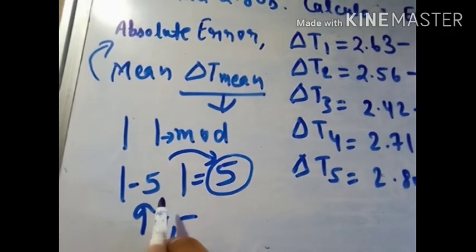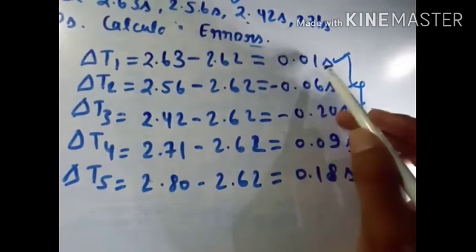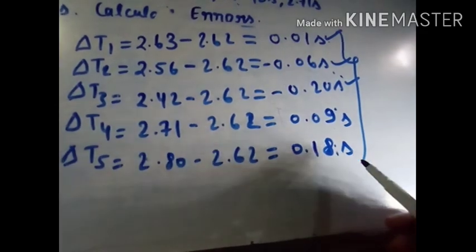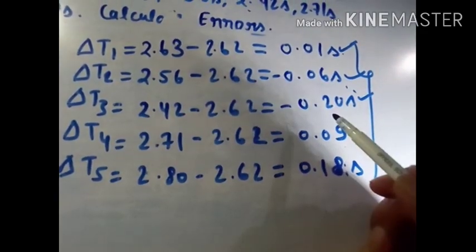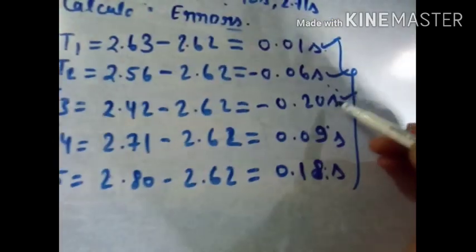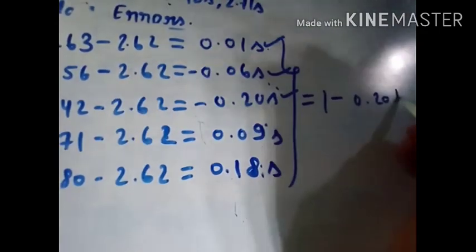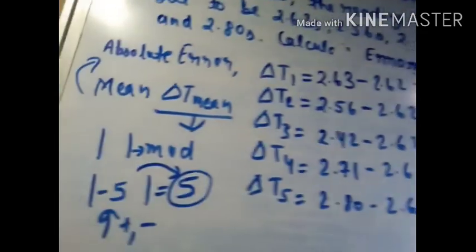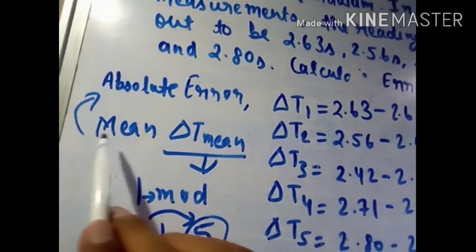This is the work of mod. So in general we are taking mod of this quantity: the quantity which is positive is taken as positive, and the quantity which is negative will also be taken as positive. Understand? So when you write mod of -0.20, it becomes 0.20 second. So let us proceed to the mean absolute error.